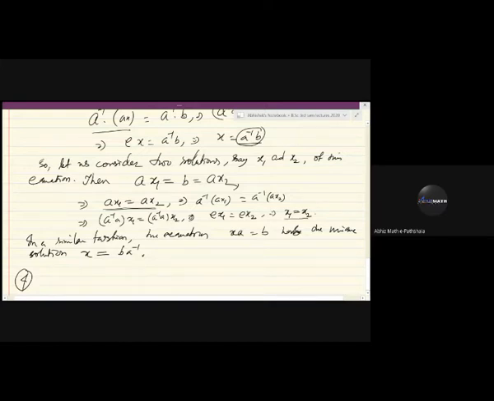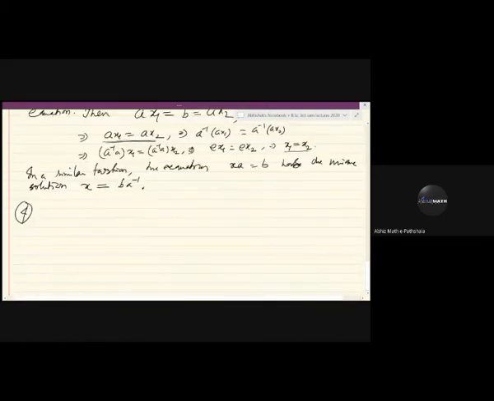In childhood we have used this one. Suppose a plus x equal to a plus y, then you just cancel out this a, and then you write x equal to y. So this is the cancellation law that holds in a group.